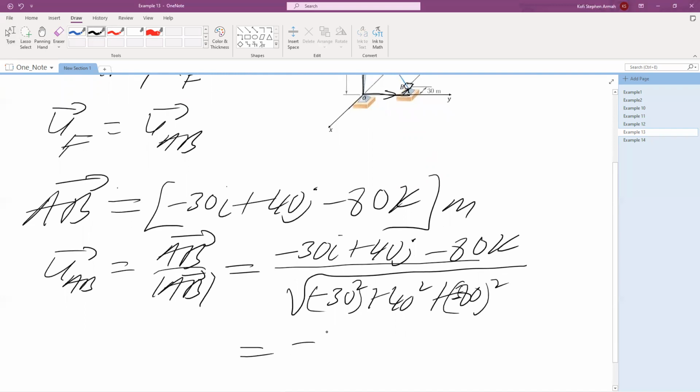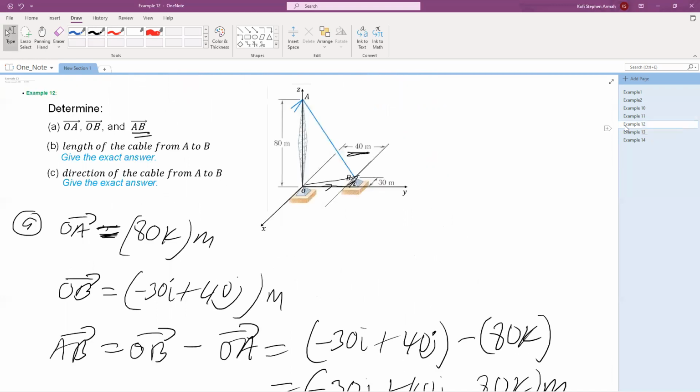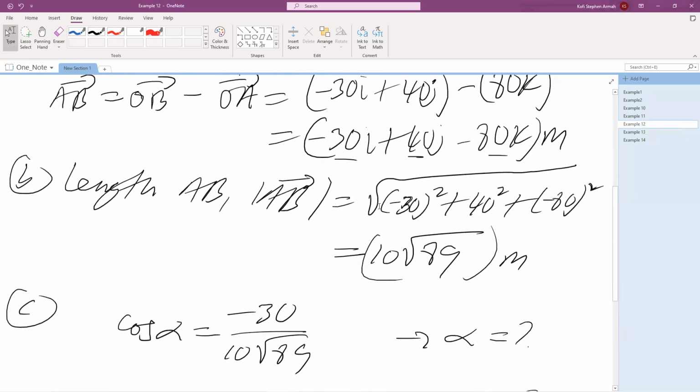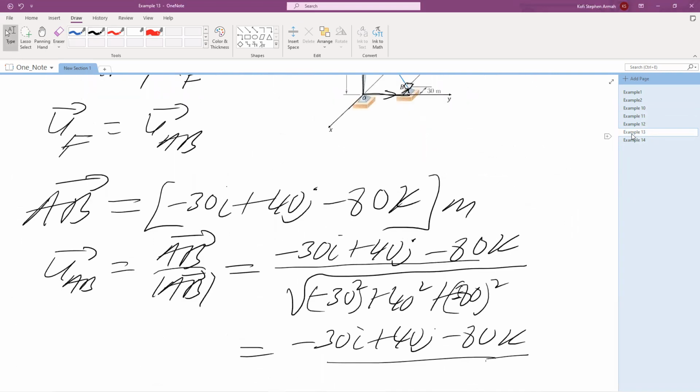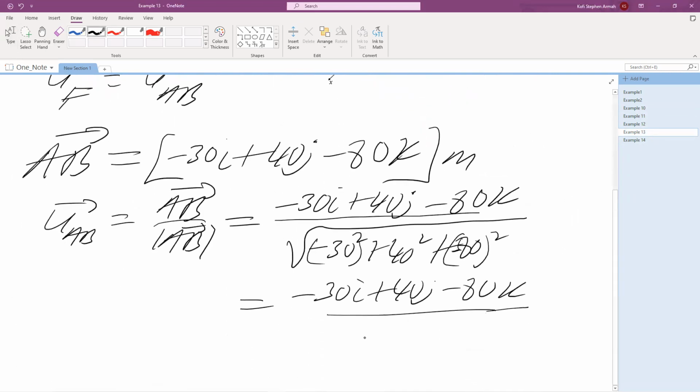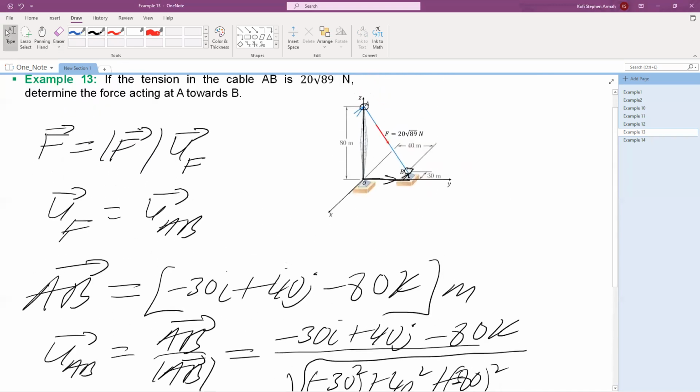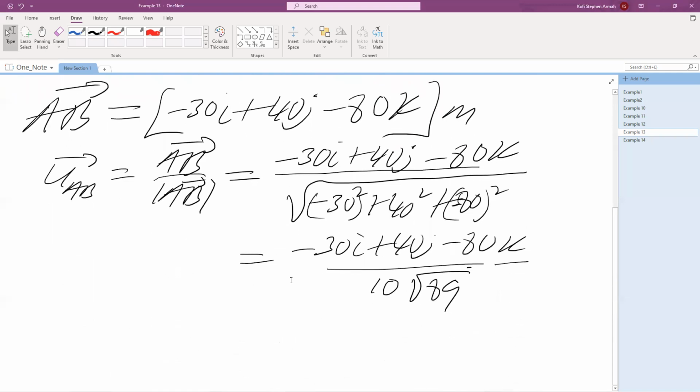So it's minus 30 I plus 40 J minus 80 K, and if you remember from the next slide, the magnitude was 10 root 89. So therefore, what is the force F in IJK?